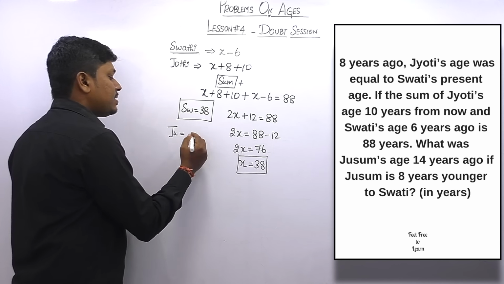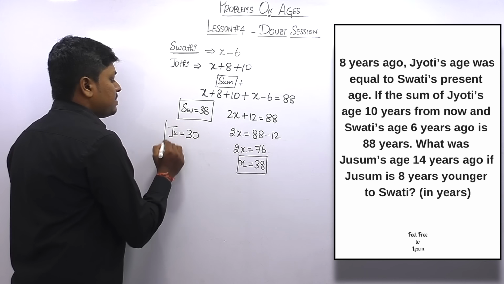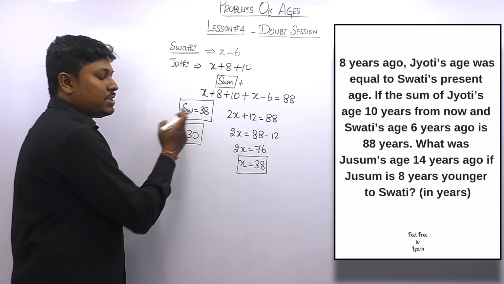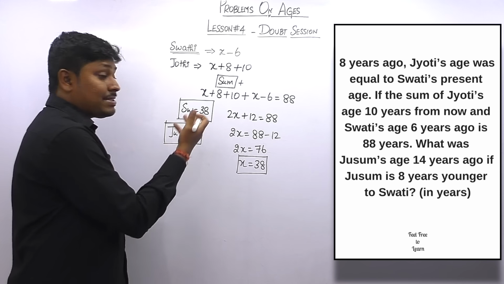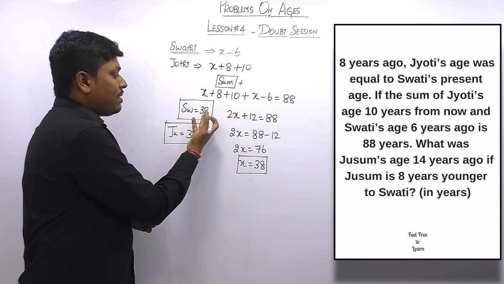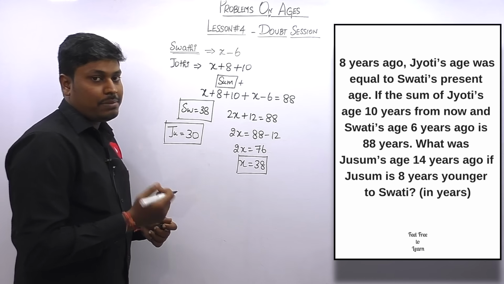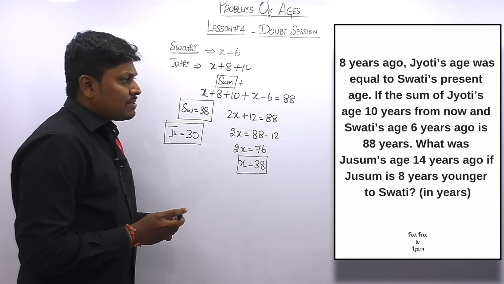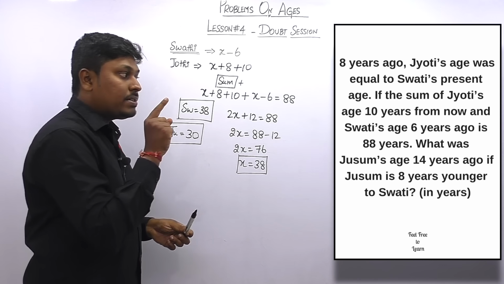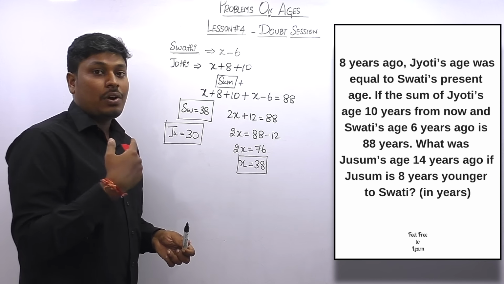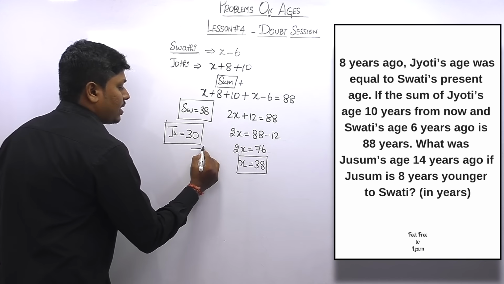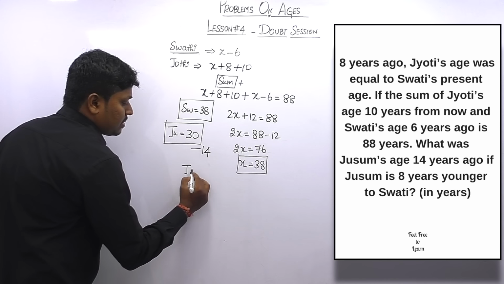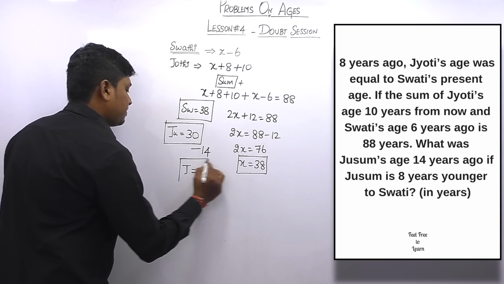So if younger than Swati, then Jusum's age should be 30, because we know that Swati's age is 38. Jusum is 8 years younger, so 38 minus 8 will be 30, Jusum's age. And what is our target? Our target is to find what was Jusum's age 14 years ago, right? So 14 years ago, again subtract 14, so Jusum's age will be 16.